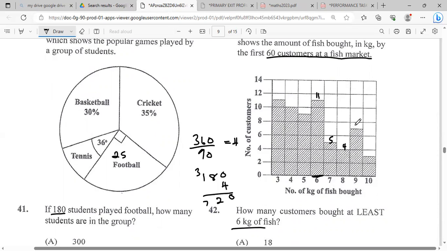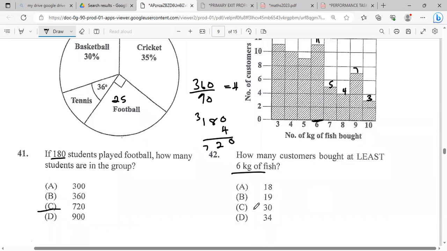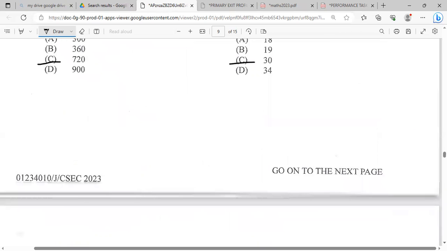This our 7, and this 2. No, these are 2, and this makes 3. All right, so the total for this, 11 plus 5, that's 16, 20, so that's 30 persons who bought at least 6 kilograms. So at least means 6 or greater.